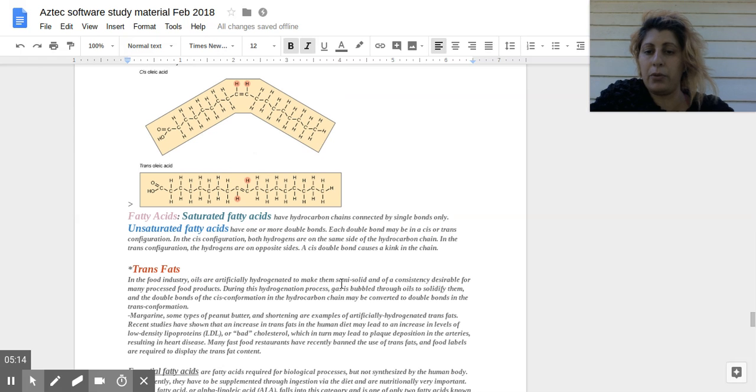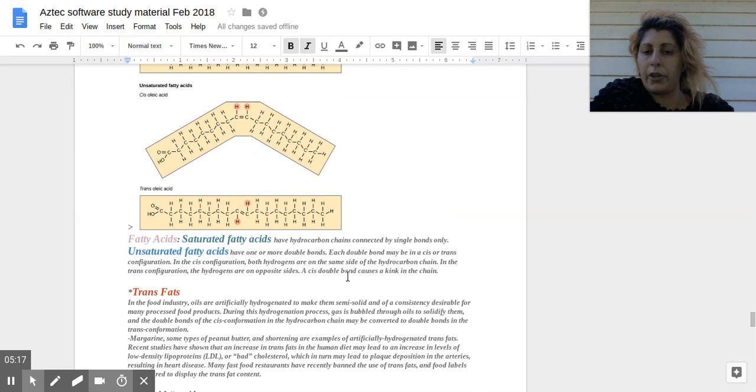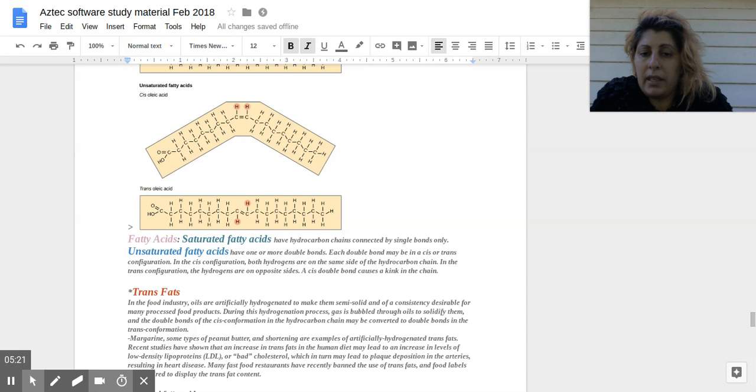So, trans fats: in the food industry, oils are artificially hydrogenated to make them semi solid and of a consistency desirable for many processed food products. During the hydrogenation process, gases bubble through oils to solidify them.